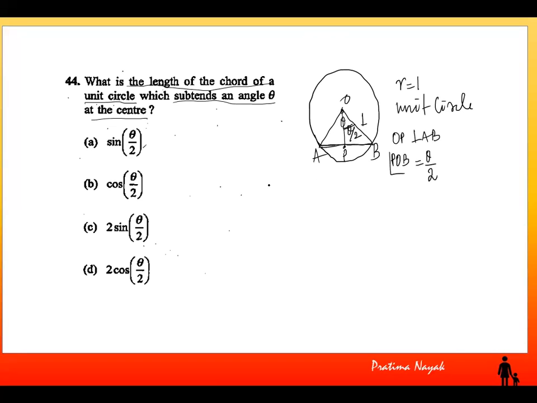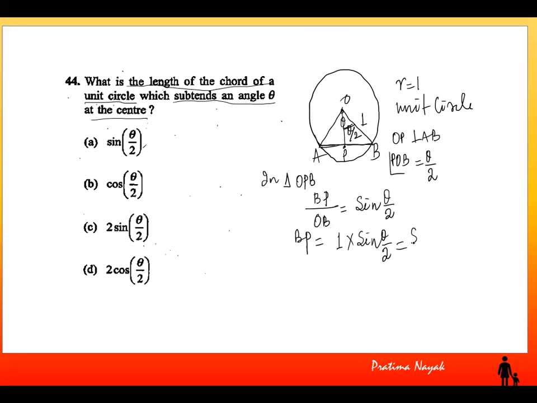Now I am taking triangle OPB. In triangle OPB, I am taking BP by OB is equal to sine theta by 2, perpendicular by hypotenuse. So how much will be BP? BP is equal to OB into sine theta by 2. OB is 1 because it's a unit circle, radius is 1.